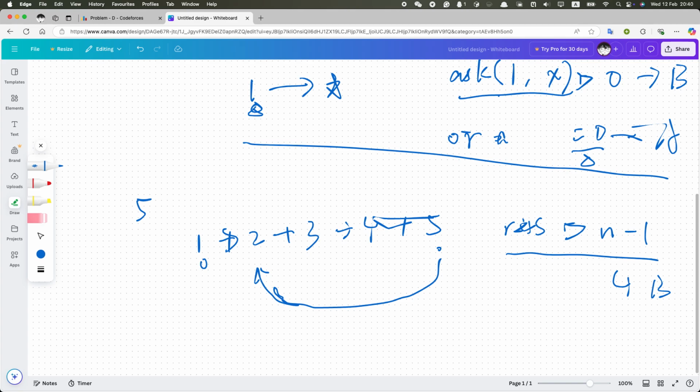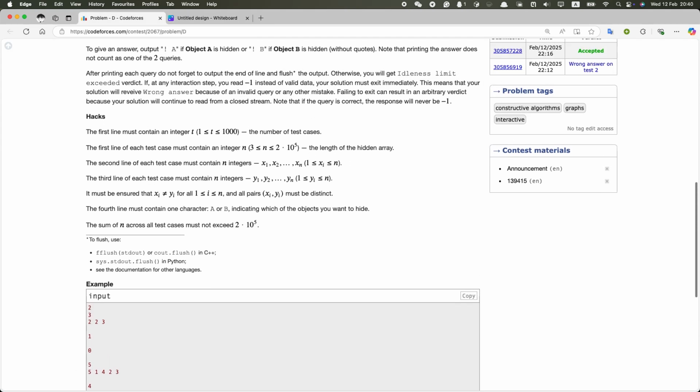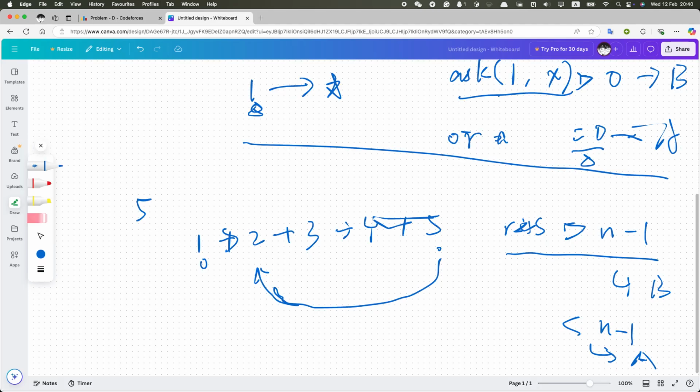And if the response is less than n minus 1, the answer must be object A. That is because if we ask for the response between the minimum number and the maximum number, if the answer is the second object, the answer must not be less than n minus 1.